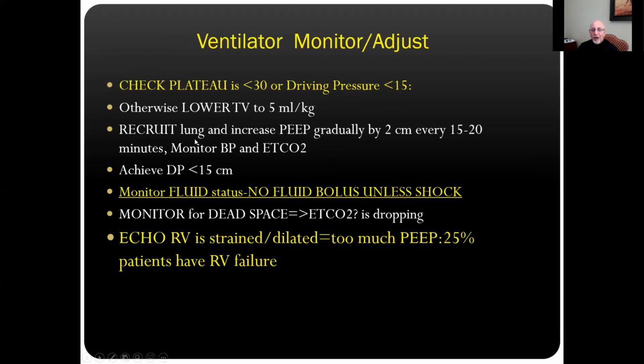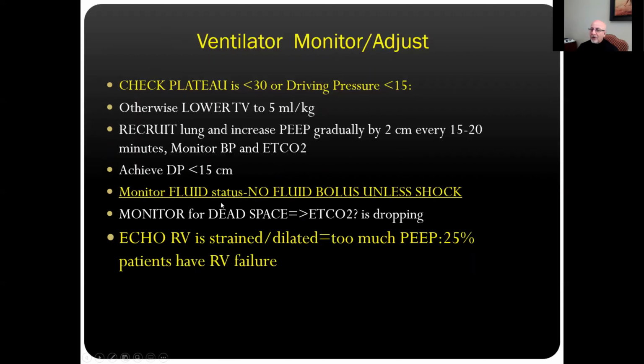One may recruit the lung and increase the PEEP gradually by 2 centimeters every 15 to 20 minutes. This is a stepwise increase in the PEEP. This is recommended by some authorities. One should again aim for a driving pressure of less than 15, as some studies have shown that this is an important factor in predicting lung injury.